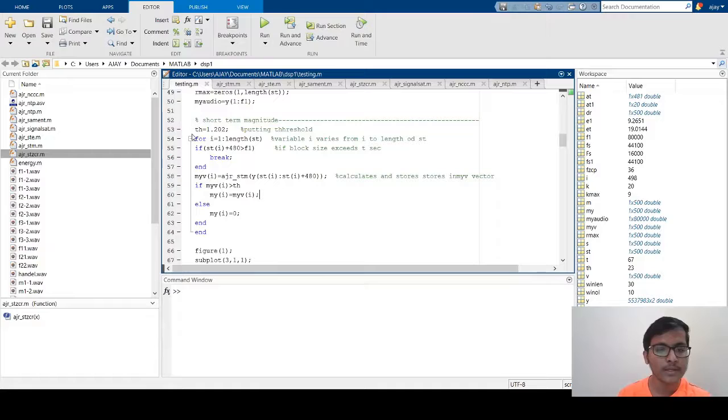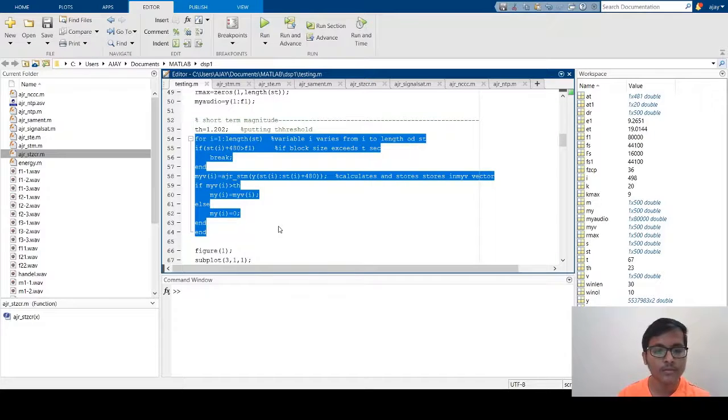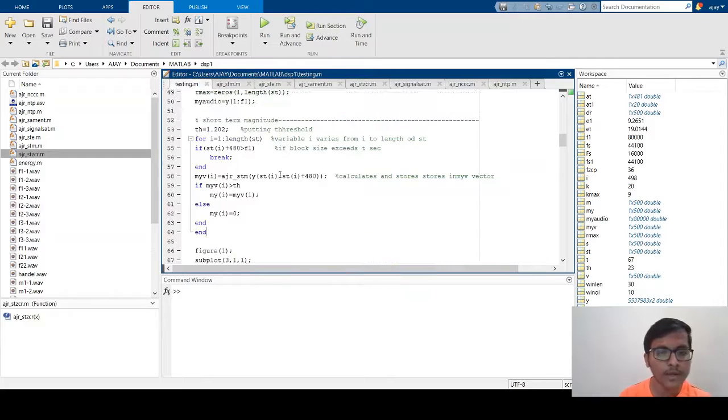And next, I have written the code for short-term magnitude, and I have plotted plots here. In short-term magnitude, I have taken the inbuilt function, that is STM of y of ST of I to ST of I plus 480.